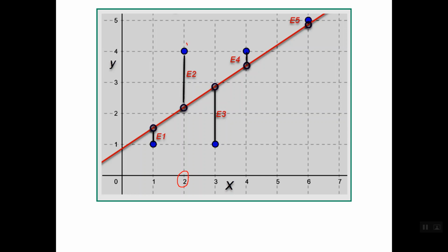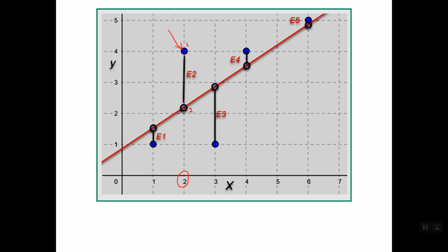The first one is the actual value, which is simply y, and we have another value, which is the predicted value, which lies on the regression line.